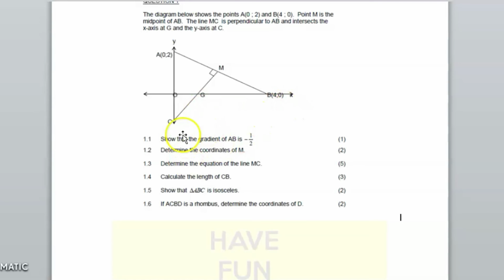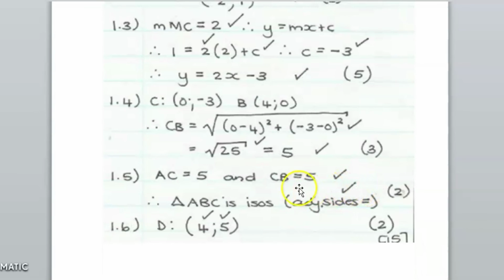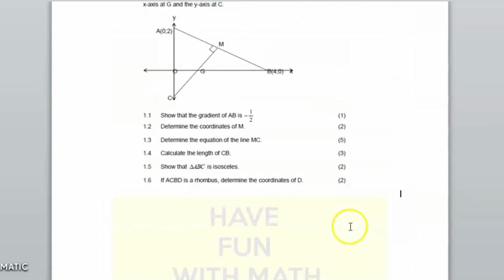So if you can prove that the length of AC equals the length of CB, which is 5, then this triangle will be an isosceles triangle. Here it is. AC, when using the distance formula, is equal to 5. And CB already has been calculated. It's 5. Therefore, ABC is an isosceles triangle. Simple as 1, 2, 3.